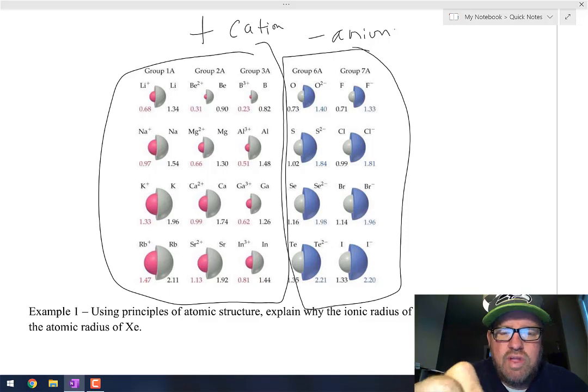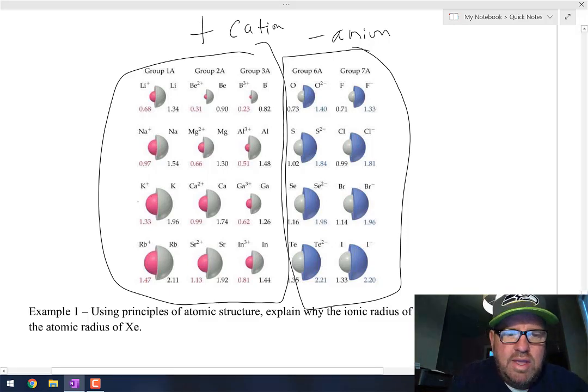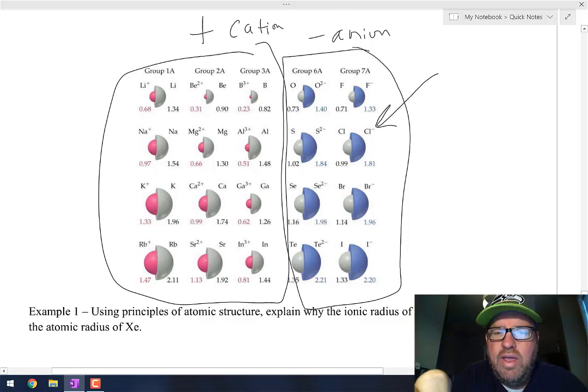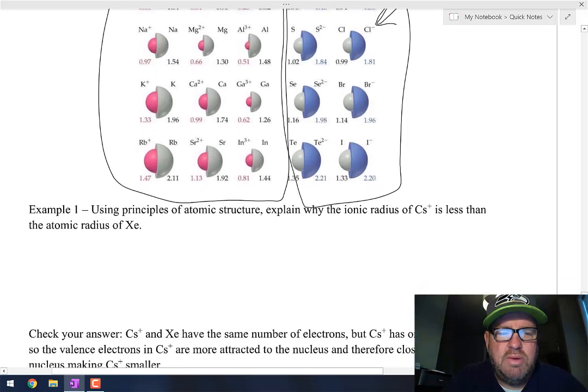Okay, so the neutral atom is gray. The pink is the positively charged ion. So they always, always, always get smaller. You can see that over here on the right-hand side. Again, the gray is the original atom, and then the blue is when it's now gained one or more electrons. So the negative ions always get bigger. Cations, positively charged ions, always get smaller.